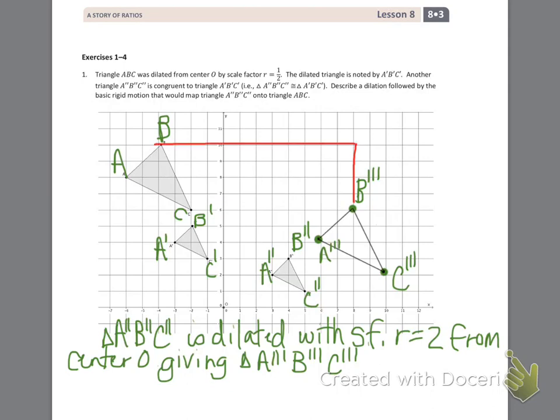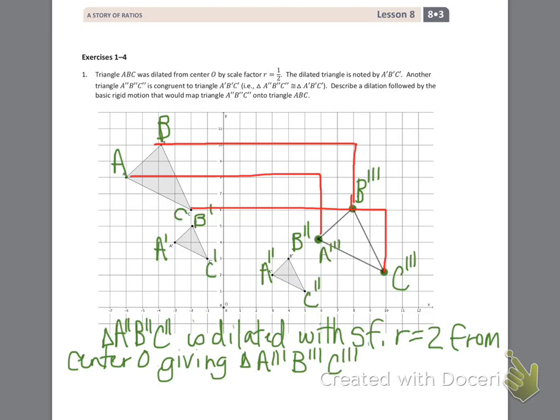So notice that to map B triple prime onto B, I need to go up 4 units and 12 units to the left. And the same thing is true for point A triple prime to A, and the same thing is true for C triple prime to C. Up 4 and over 12 will do that.